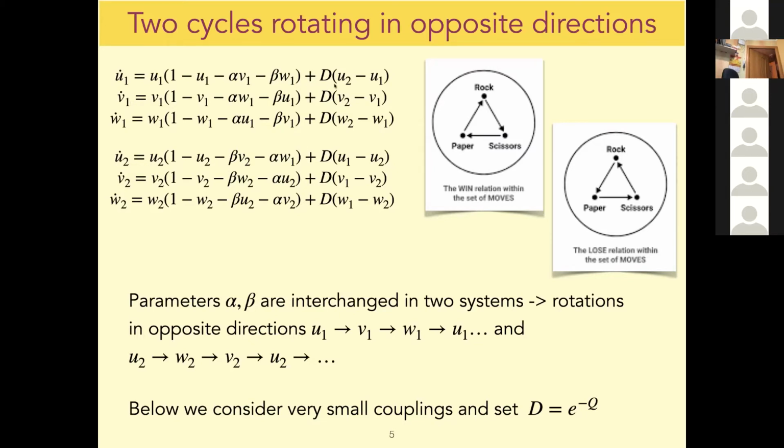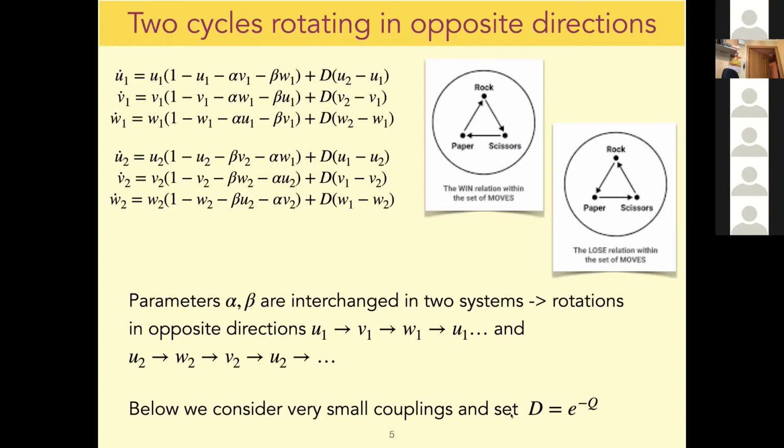Then we couple them diffusively, so that the corresponding variables tend to be close to each other due to this coupling. The idea is that because of the high sensitivity of the heteroclinic cycle, or of trajectories close to these saddle points, the values for this D could be very small.